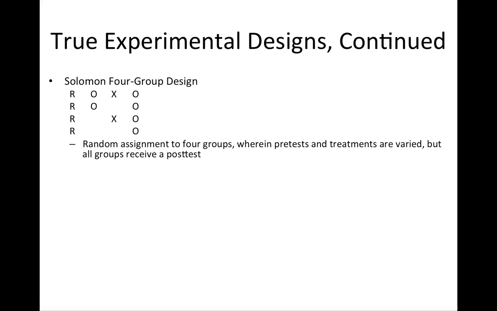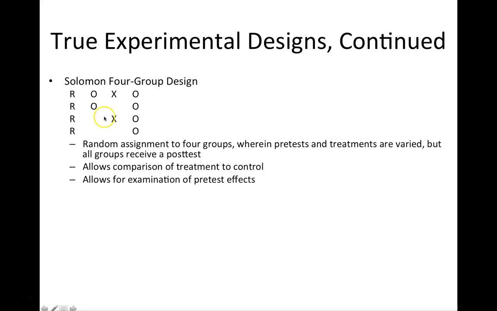The Solomon four-group design is a fairly involved design. This is a design in which there's random assignment to four groups. Pretest and treatments are varied, but all groups receive a post-test. And this allows for comparison of treatment to control, and it also allows for the examination of pretest effects. Two of these groups receive a pretest, two of these groups do not.